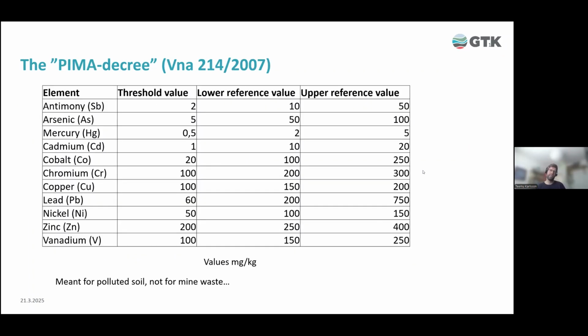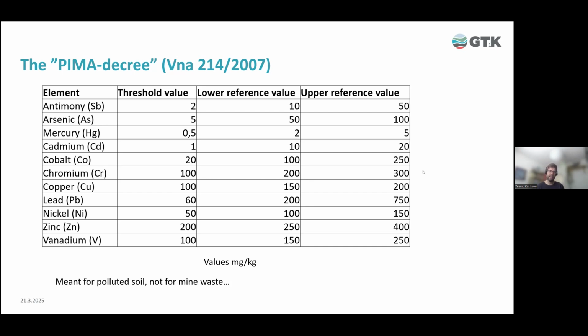Here are the threshold values for the PIMA decree elements, and it's a bit problematic. First, the study or the document that gives these values says clearly that this is meant for polluted soil, not for mine waste. But then again, here we are using them.